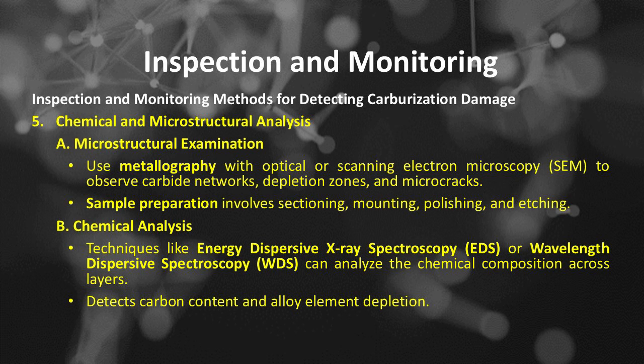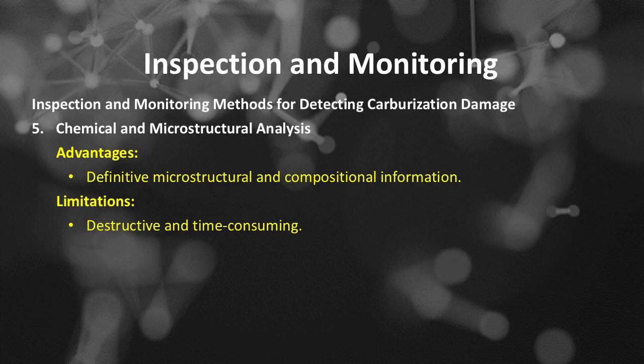Techniques like energy dispersive X-ray spectroscopy, or EDS, or wavelength dispersive spectroscopy, or WDS, can analyze the chemical composition across layers, detecting carbon content and alloy element depletion. Advantages of chemical and microstructural analysis: definitive microstructural and compositional information. Limitations: destructive and time-consuming.